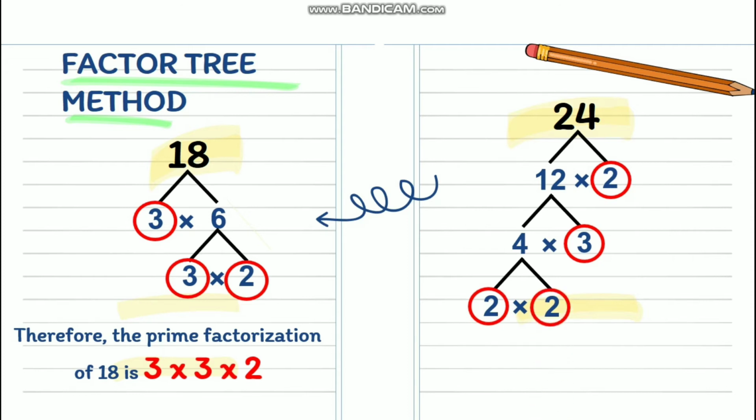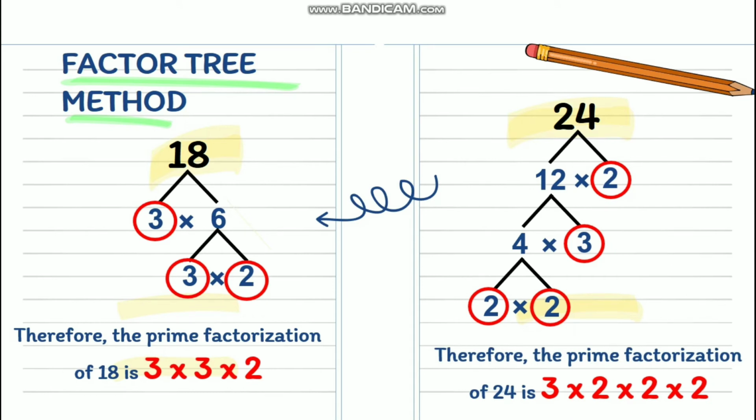All the remaining numbers are prime numbers. Therefore, the prime factorization of 24 is 3 times 2 times 2 times 2. Don't forget to check if your prime factors are correct. Multiply them. The result should be the composite number that we factored. 3 times 2 is 6, times 2 is 12, times 2 is 24. It means our answer is correct.